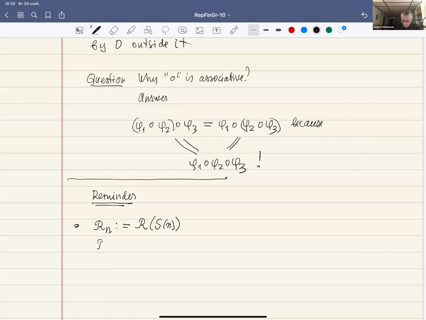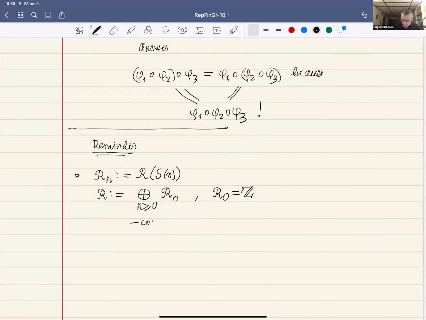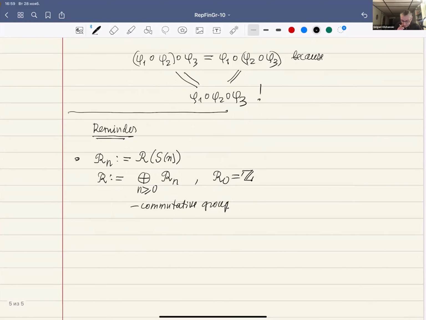And by definition, the direct sum of this object, with the understanding that this is simply Z. This is an abelian group, a commutative group, a direct sum of countably many commutative, torsion-free groups.